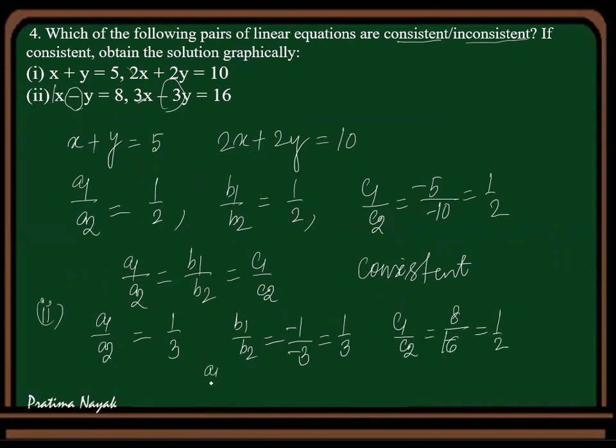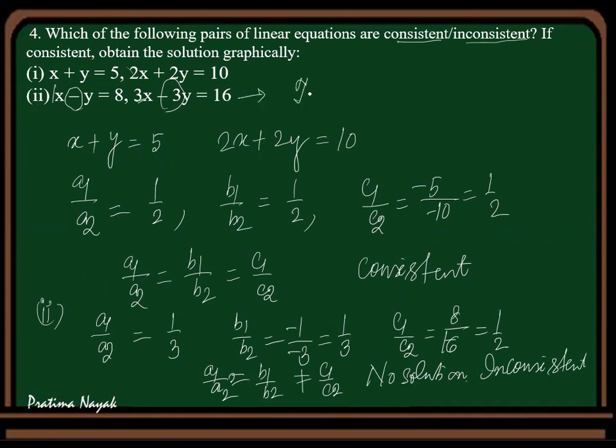So a1 by a2 is equal to b1 by b2 but not equal to c1 by c2. So here there is no solution. When there is no solution, we write that the solution is inconsistent. So for the second, the pair of linear equations is inconsistent.